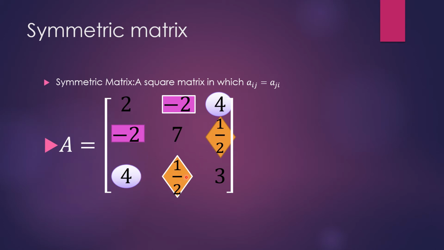If all these three pairs are the same, then that matrix is called a symmetric matrix. So I have written A13 is equal to A31. See, here row number was 1, here column number was 1. Row number was 3, column number was 3. Both elements were the same. So all three pairs should be there, then this matrix is called a symmetric matrix.